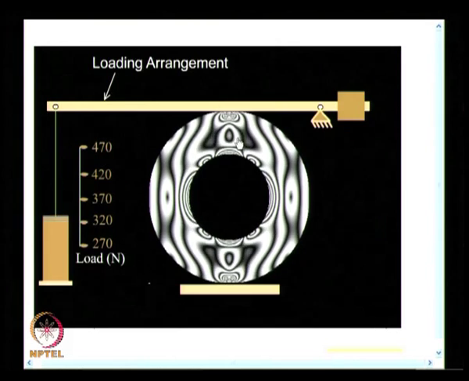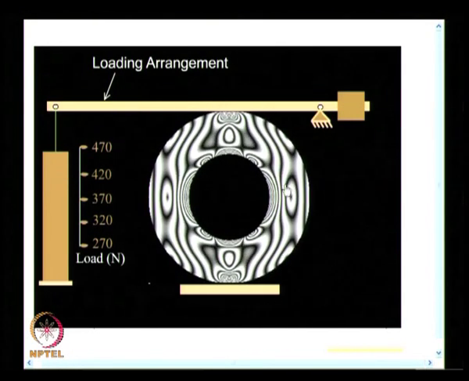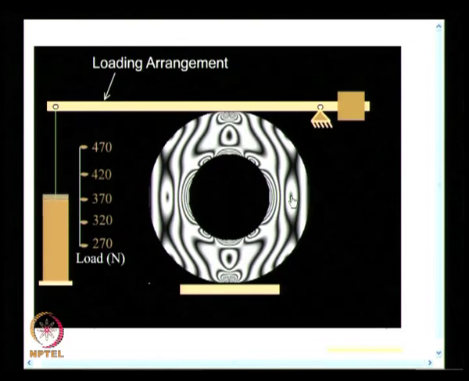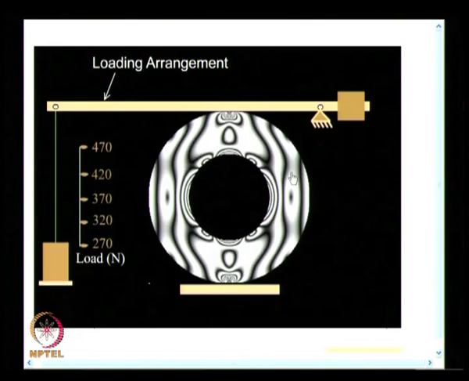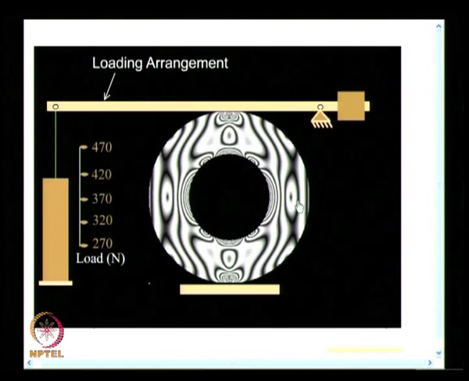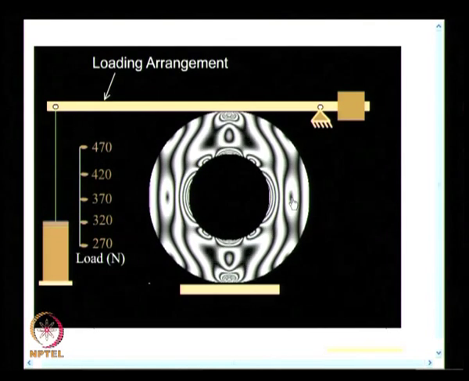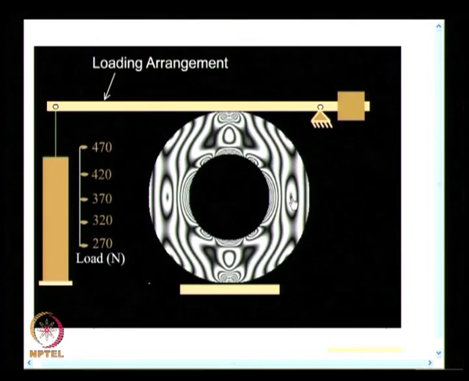I also cautioned that you have a fringe that vanishes here, and you have another situation where this fringe does not vanish, it remains in its place, and as the load is increased, the density in its neighborhood increases. I had also mentioned that such a fringe is essentially a zeroth fringe order, it does not move as a function of the load application. And we would find out this identification of the zeroth fringe order by other methods also.